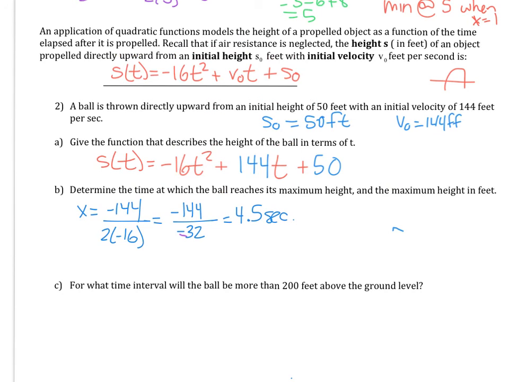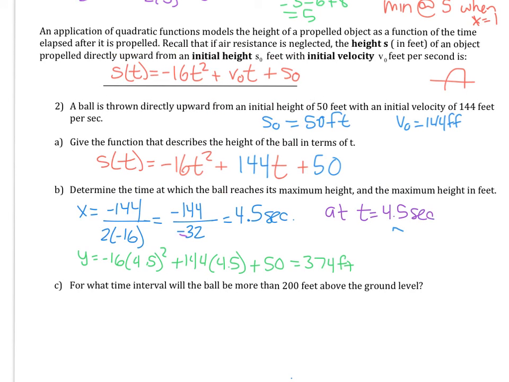And then to get the y, I'm going to plug that into the original equation. So y is negative 16 times 4.5 squared plus 144 times 4.5 plus 50, and I'll just calculate this, so I get y is 374 feet. So this now tells me that at t equals 4.5 seconds, this ball reaches its maximum height of 374 feet.